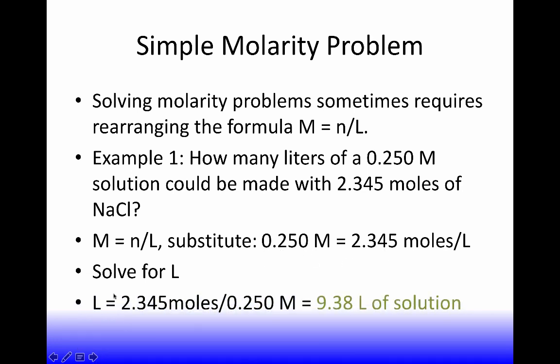So L by itself is going to be 2.345 divided by 0.250 molar. And that's going to give us 9.38 liters of solution. That's how much we could make with that many moles and at that concentration. We can make a lot of solution.